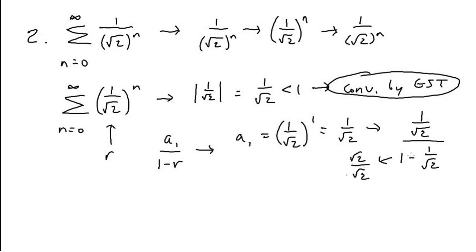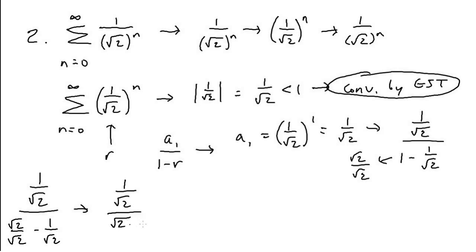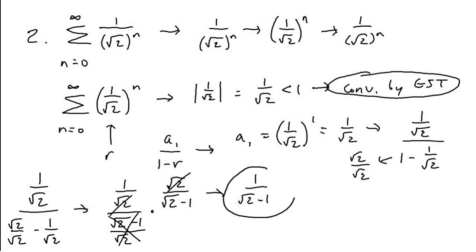So then we'll get 1 over the square root of 2 over square root of 2 over square root of 2 minus 1 over the square root of 2. So then to simplify, we'll get the square root of 2 minus 1 over the square root of 2. And dividing by this fraction means multiplying by the reciprocal. So I'll multiply by the square root of 2 over the square root of 2 minus 1. And then the square root of 2's will cancel. So we'll get 1 over the square root of 2 minus 1. And that is the exact value which the series will converge to.